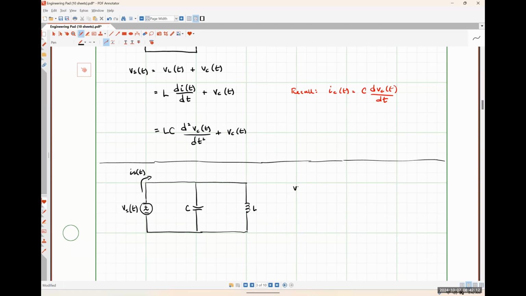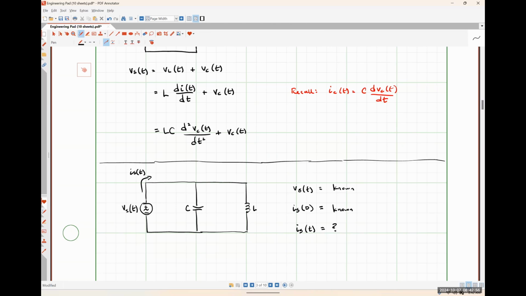So we're given a few different things, right? Vs of t is a known quantity. And if I'm remembering correctly, Is at t is equal to 0 is also a known quantity. And once again, we're trying to solve for Is as a function of time. So what type of circuit is this? Single node pair, absolutely right, where all of the elements are connected in parallel.